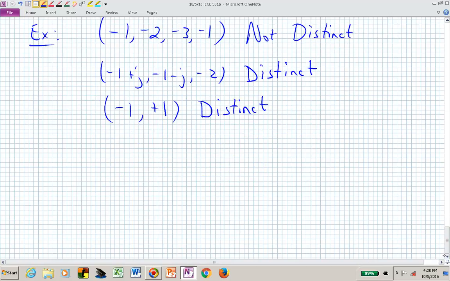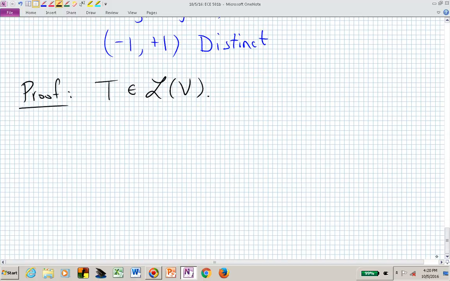Let's look at showing that in the form of a proof. First, we're starting with T being a linear operator, and that's how we represent it in a symbol. Now let's make an assumption. Let's assume that we have m distinct eigenvalues.